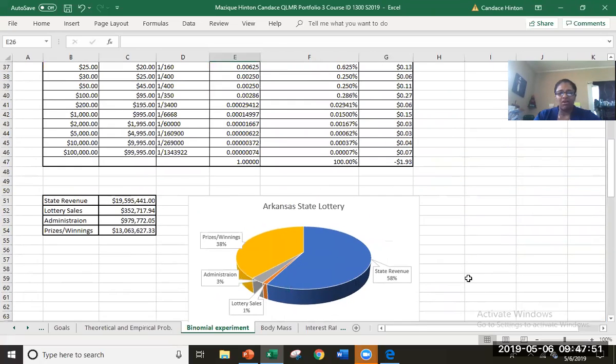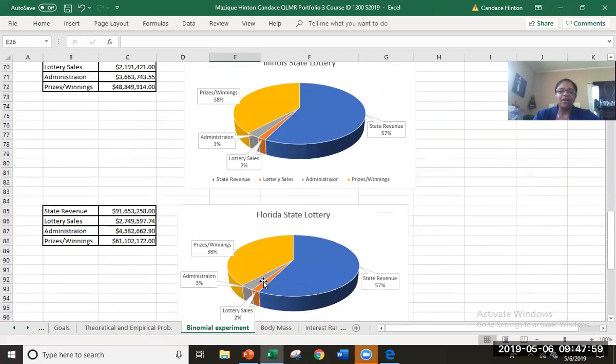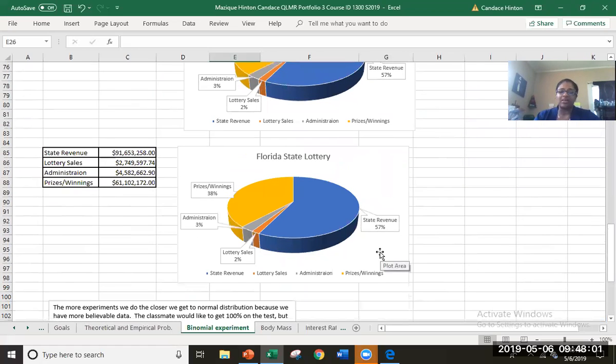And I did Arkansas State Lottery. I did Illinois State Lottery. Illinois State Lottery sales is 2% of their complete revenue. And I did Florida State, and Florida State's lottery sales is also 2% of their revenue.